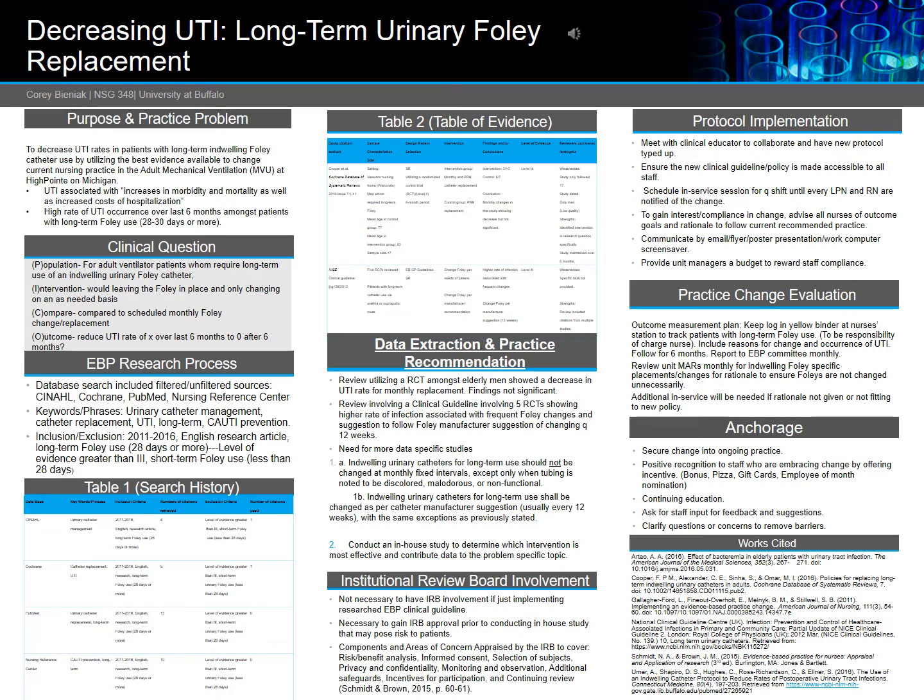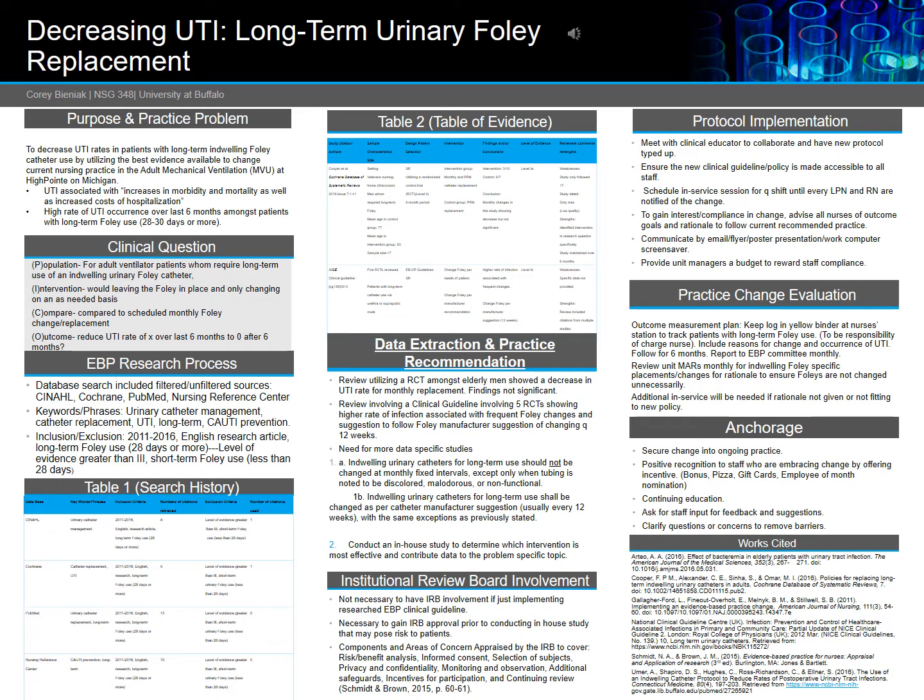Practice change evaluation. We have an outcome measurement plan. Keep a log in a yellow binder at the nurse's station to track patients with long-term Foley use. This is to be the responsibility of the charge nurse each shift. We're going to include reasons for change and occurrence of UTI and follow this practice for 6 months and report to the Evidence-Based Practice Committee monthly.